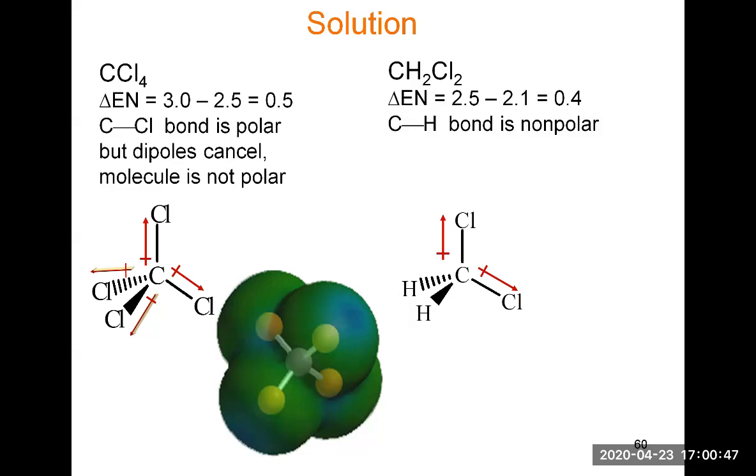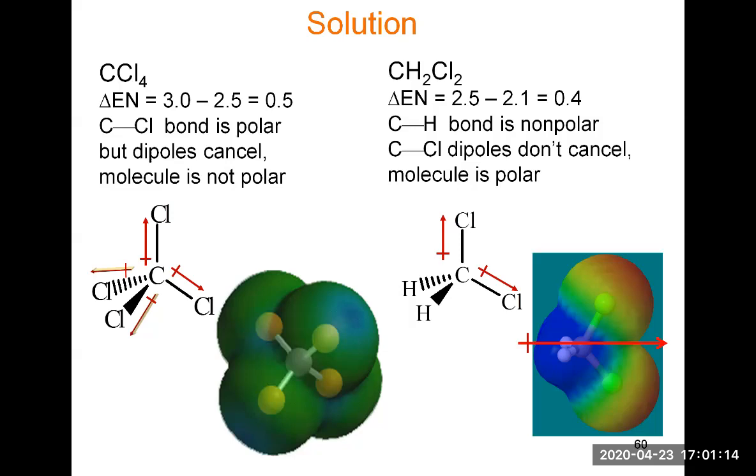The chlorines are pulling more strongly on electrons than carbon, so we have 2 dipoles as drawn. And so those 2 dipoles, they will not cancel. They don't cancel because they are not opposite each other, and so they actually add up and reinforce into a net dipole.